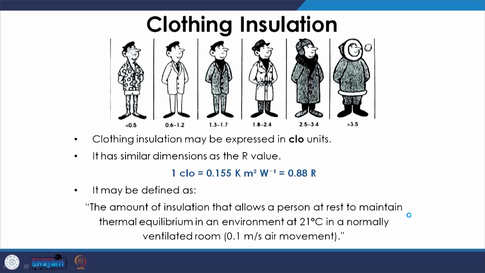So, the first factor we have is clothing insulation, and it is expressed in clo value. It has a similar dimension as the R value or resistance. It is Kelvin meter square per watt, which is the resistance offered by the clothing to the exchange of heat.